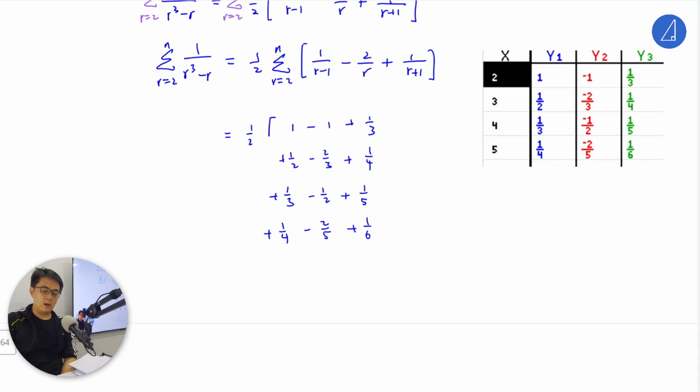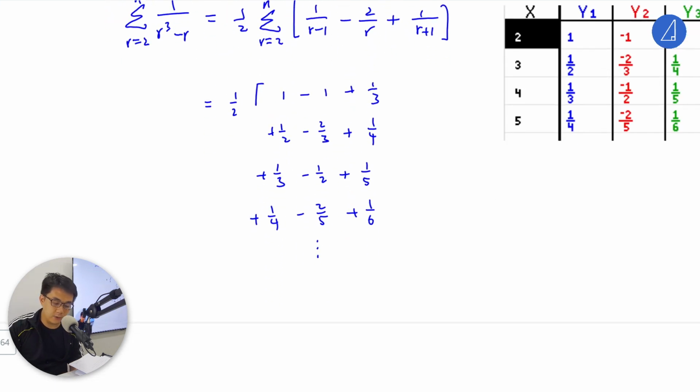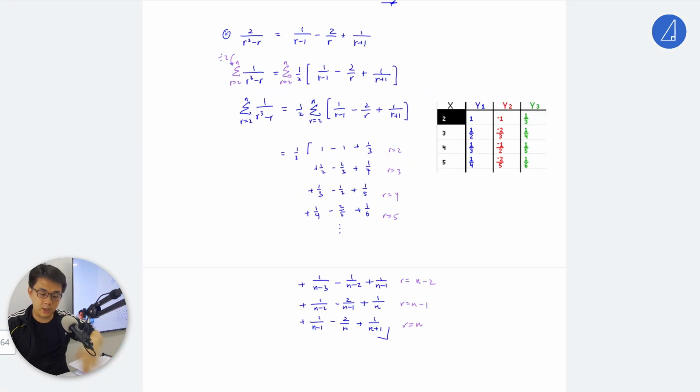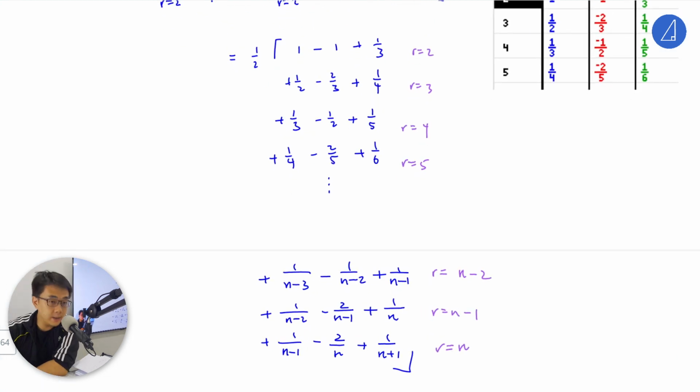Okay, so then you write down the first 4 if you want, then the last few. I'm going to write this as r equals to 2, r equals to 3, r equals to 4. If you're not sure how to cancel this, especially 3 terms, just look at the denominator with the same LCM. This guy can cancel because 1 minus 2 plus 1 is 0.